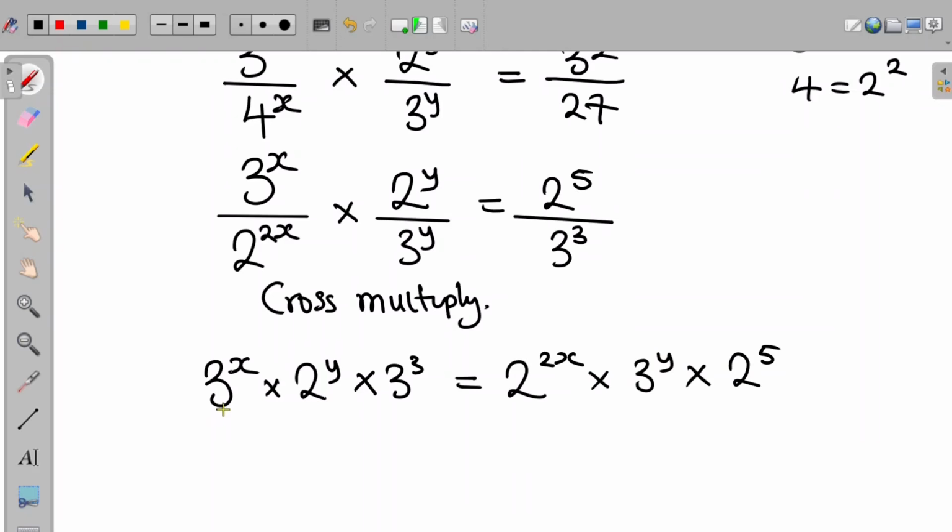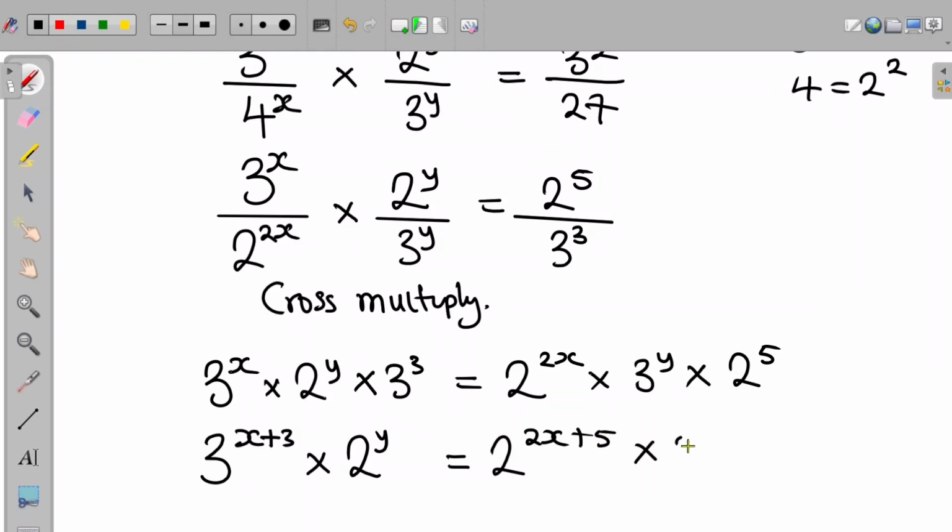Since we have 3 as a base here and 3 as a base here, this becomes 3^(x+3) times 2^y equal to, also here, we have a base of 2 and a base of 2, so this becomes 2^(2x+5) times 3^y.